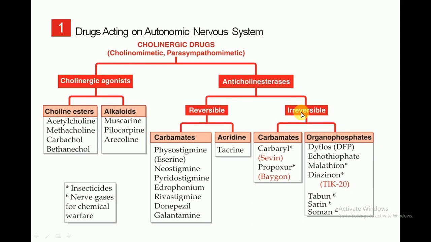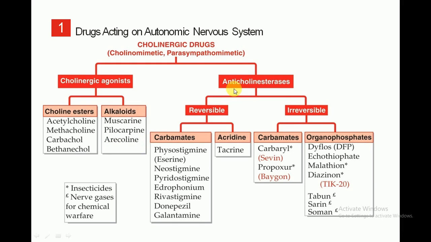So there are two types of enzyme inhibitors, and these drugs can act upon them. Choline esters include acetylcholine, methacholine, carbachol and bethanechol, while the alkaloids include muscarine, pilocarpine and arecoline.